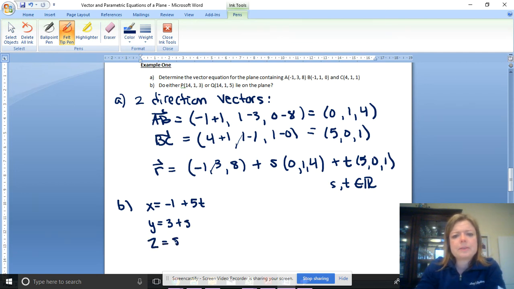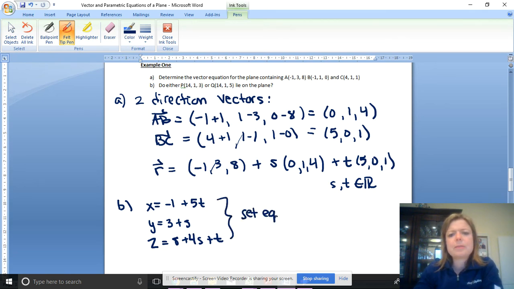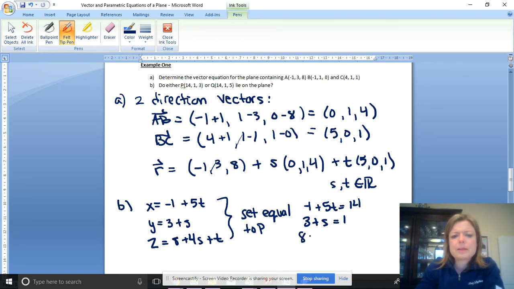And then Z is equal to 8 plus 4S plus T. So we're going to take those parametric equations and set them equal to P. I'm going to set my -1 plus 5T equal to 14. I believe it is, yeah, 14. And my 3 plus S equal to 1. And finally, my 8 plus 4S plus T equal to 3.